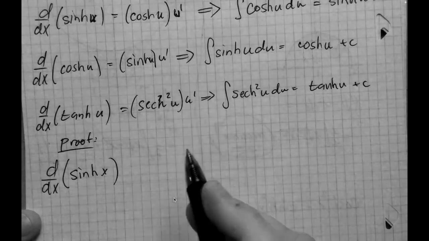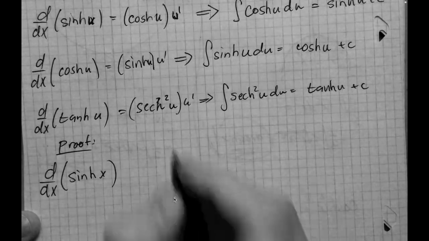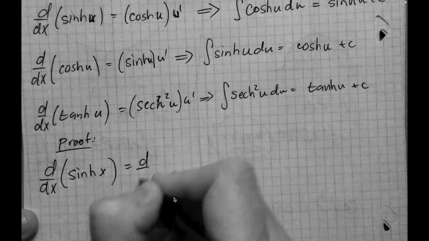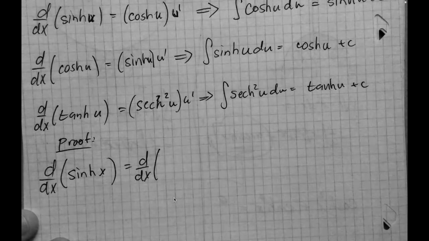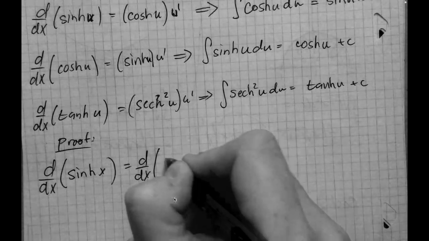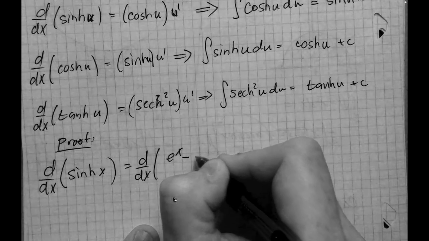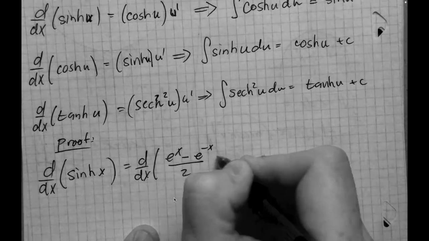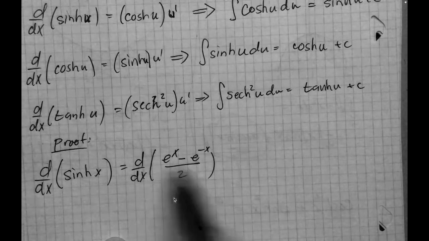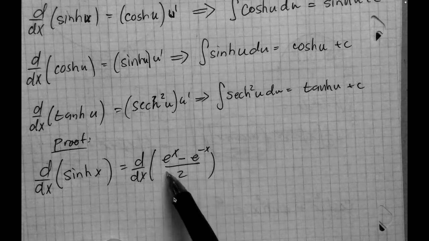that the derivative of hyperbolic sine of x is in fact hyperbolic cosine of x. And so to do this, we just need to remember what the hyperbolic sine is. It's just a combination of exponential functions, right? So it's e to the x minus e to the negative x over 2. Can we differentiate this? For sure, right? We could pull out the 1/2 and then break it up if we want.